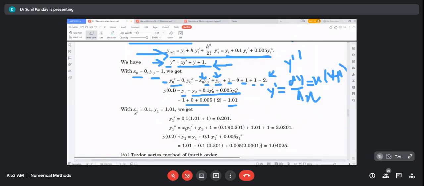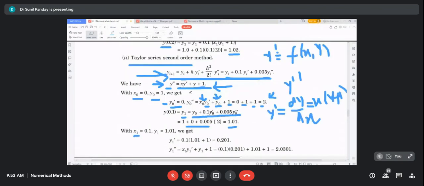Then to calculate at x2, I have to substitute here i equal to 1. If I substitute i equal to 1, it means I require y1 dash and y1 double dash. So what is y1 dash? If I calculate y1 dash, it is x1 into y1 plus 1.